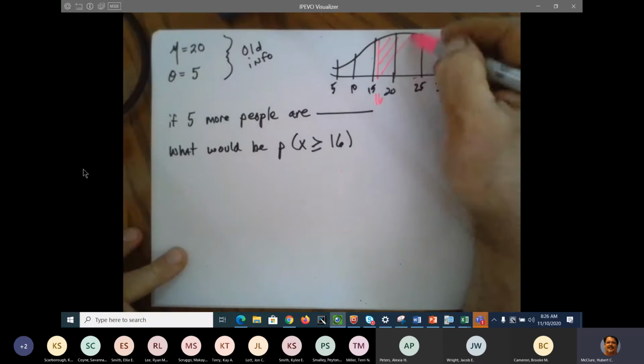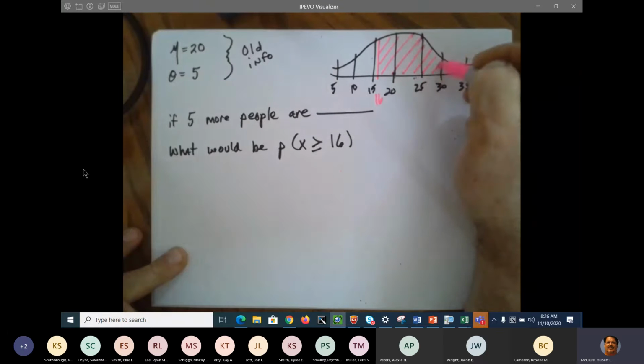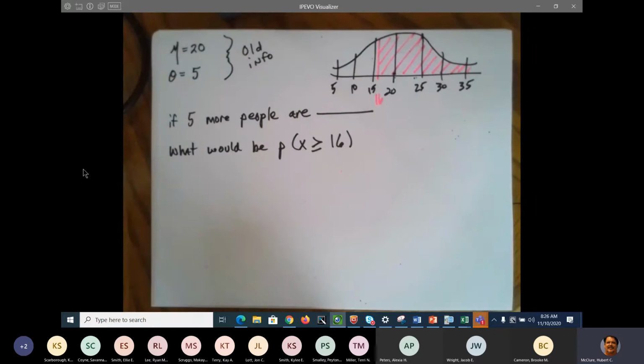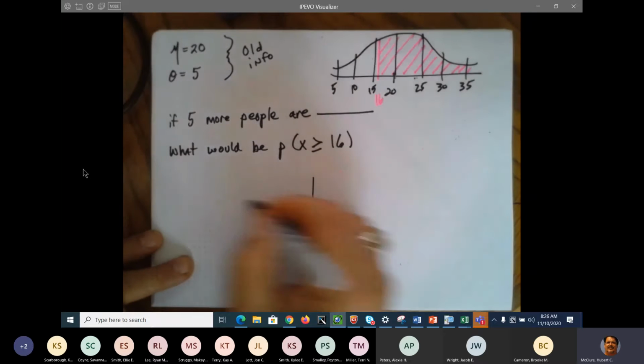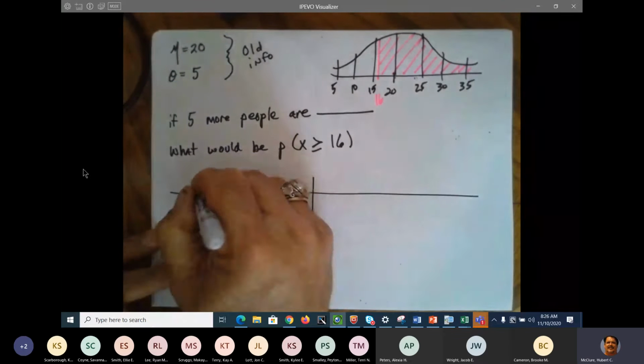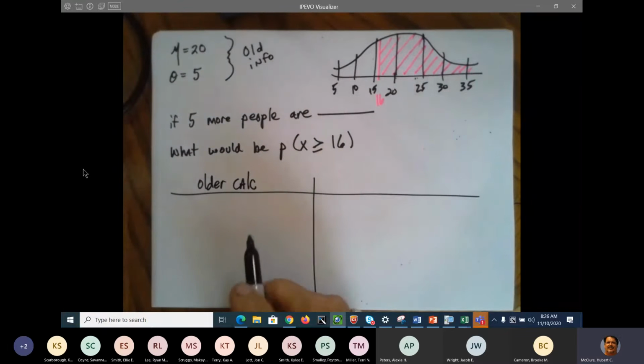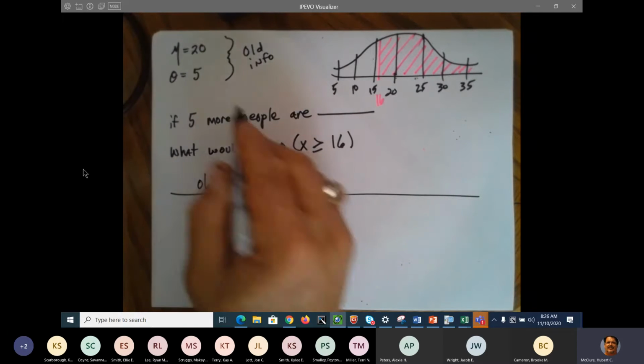And we want to know, out of those 5 people, what's the probability of one of them or all of them or whatever the question will ask being above the test score or age of 16? So if you have an older calculator, you're going to have to change that 16 into a z-score. But the standard deviation is not going to be 5.